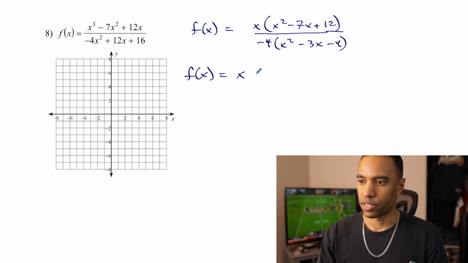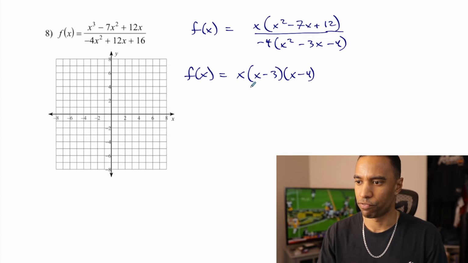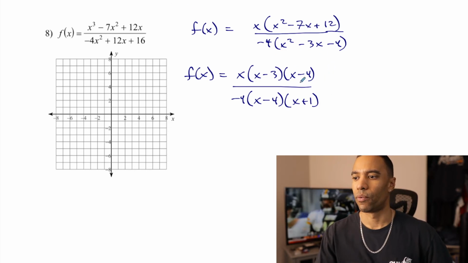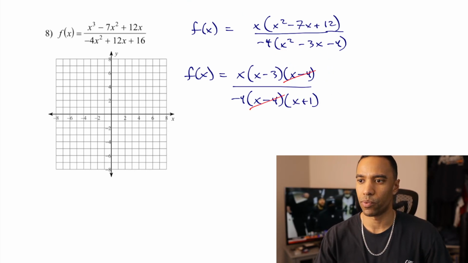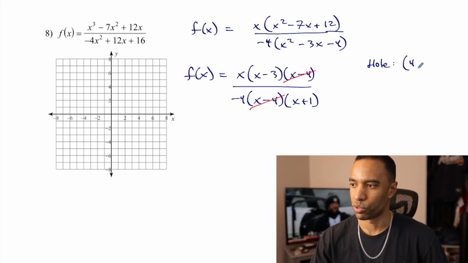So continue factoring these quadratics. This will leave us with x minus 3 times x minus 4. And on bottom down here, we'll have x minus 4 times x plus 1. All right, the x minus 4's cancel. We will have a hole at x equals 4.